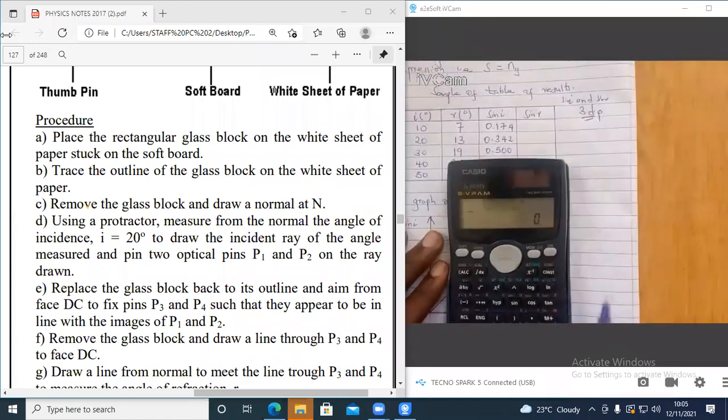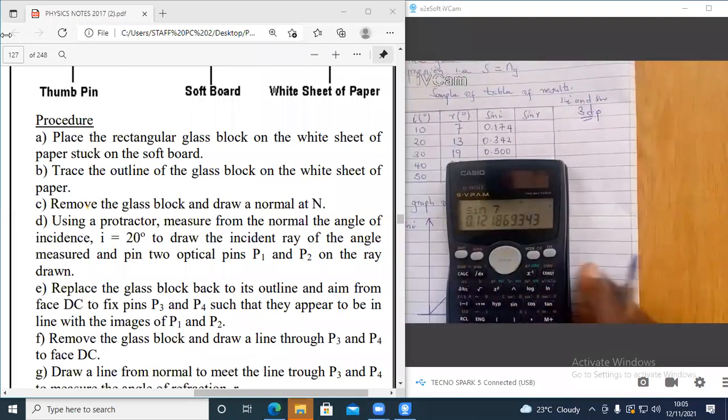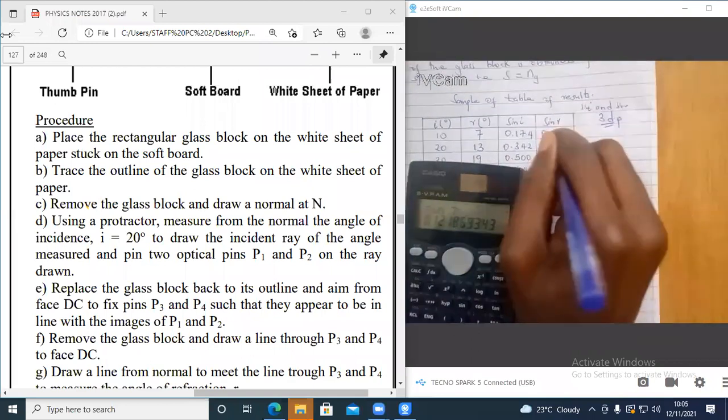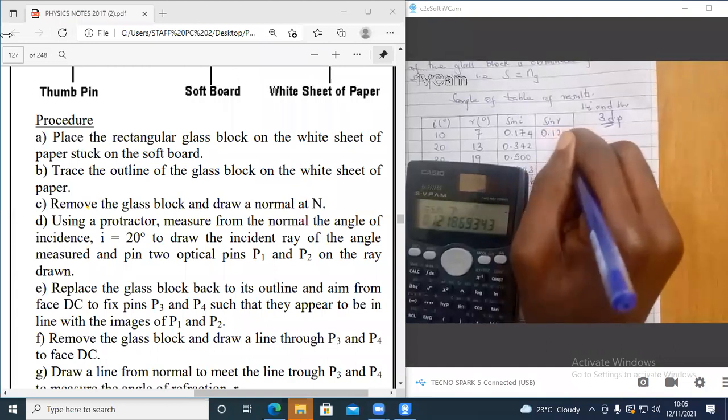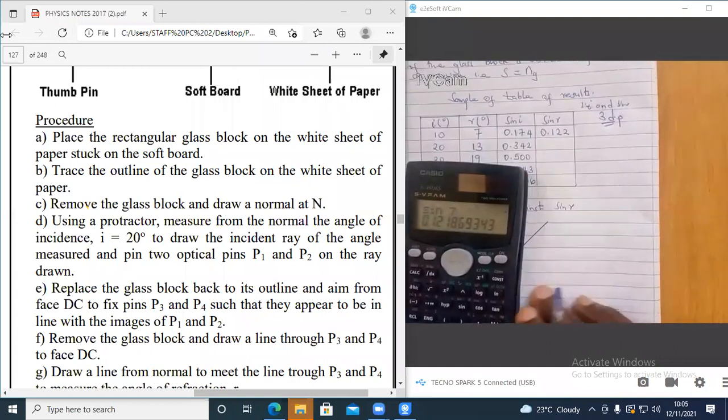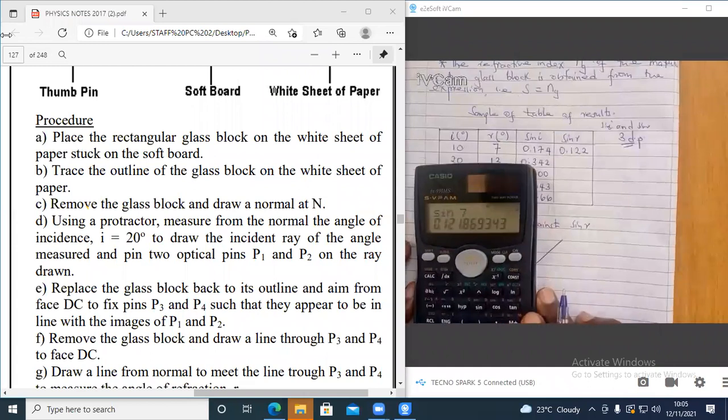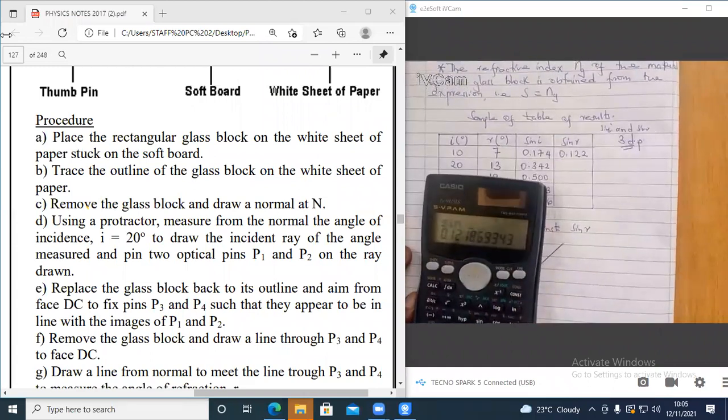So let's go ahead and find sine of R. Sine of 7. What do we get? 0.122. Sine of 13. What do you get?